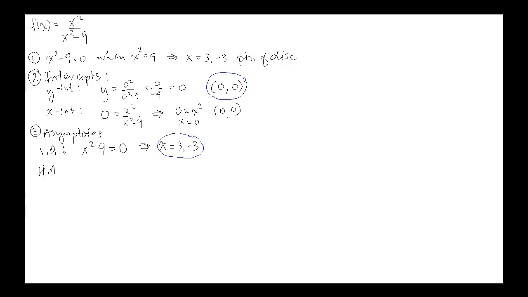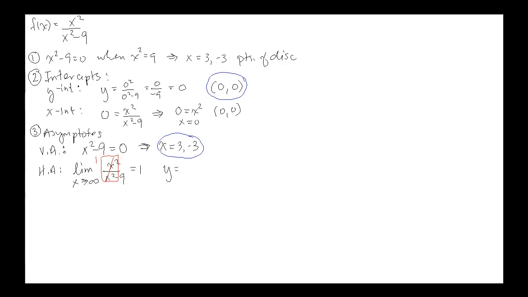Okay. Now, horizontal asymptotes. We want to look at the limit as x goes to infinity of x squared over x squared minus 9. And remember, the focus here is as x gets very, very large, what really matters is our leading terms, x squared over x squared. We simplify that, get 1, and now, since that has no dependence on x any longer, that's what this limit is equal to.